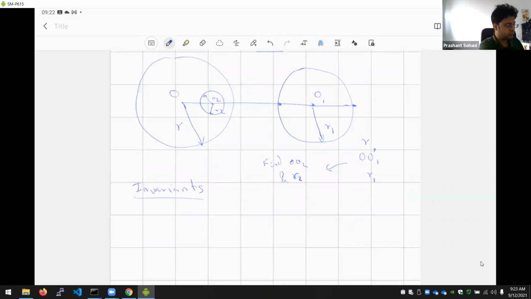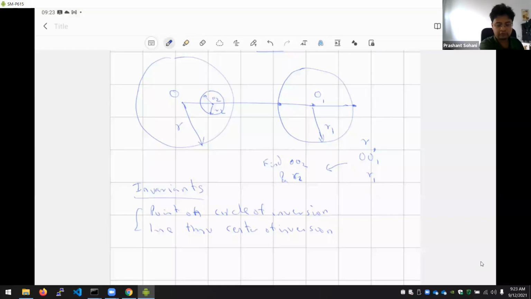We already know some invariants. For example, any point on the circle of inversion doesn't change, because that point is self-inverse. Then any line passing through the center of inversion. So these are two invariants you already know.